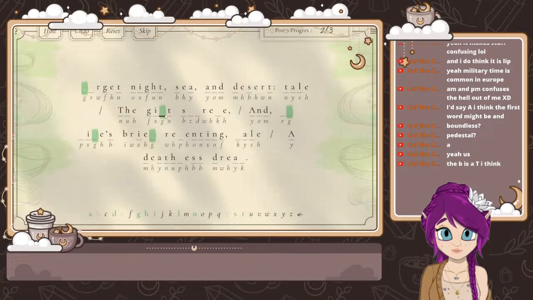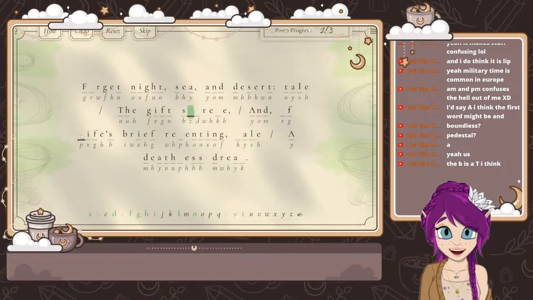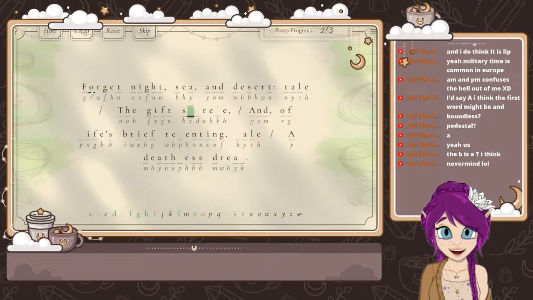The gist? Brief? The gift? Ift? The gift? Brief? The B is a T. No, I think I got it. I think it's get it. Forget night. Sea and desert. Tail. The gift. This is life.